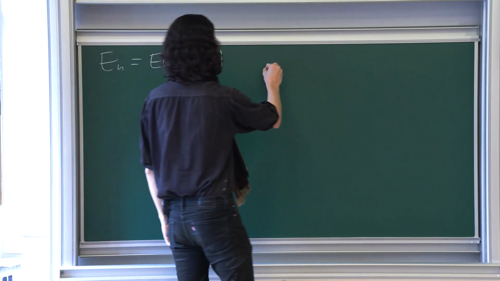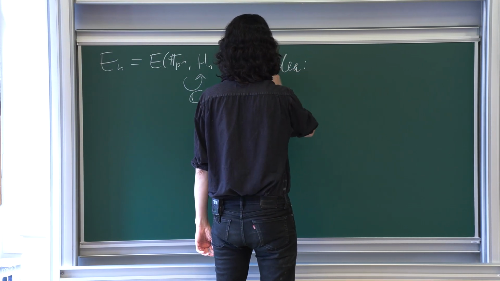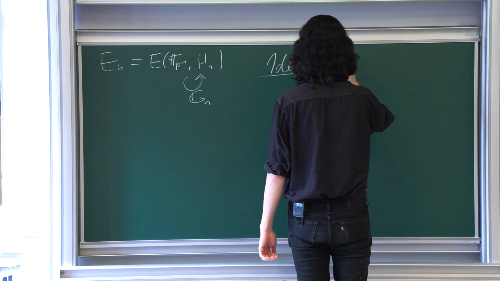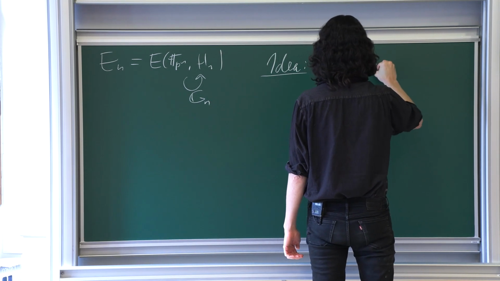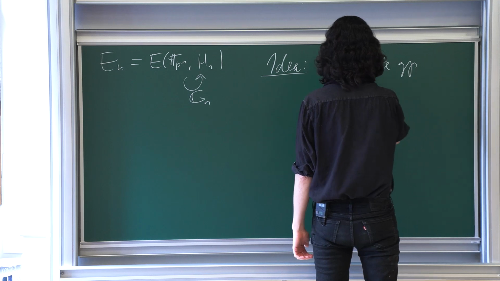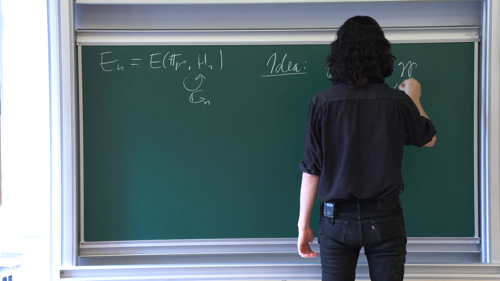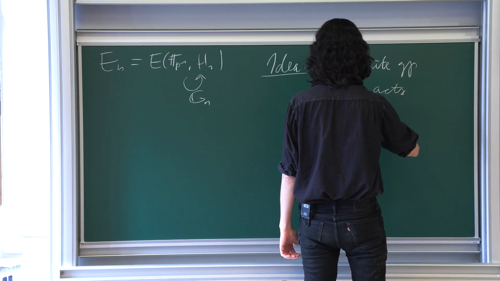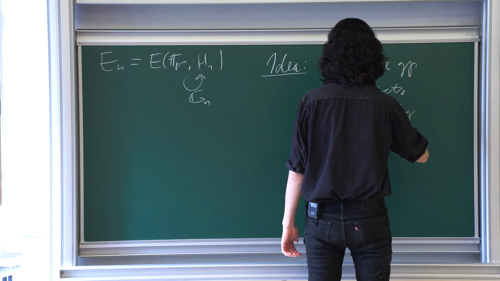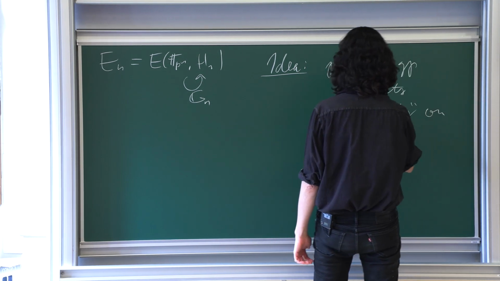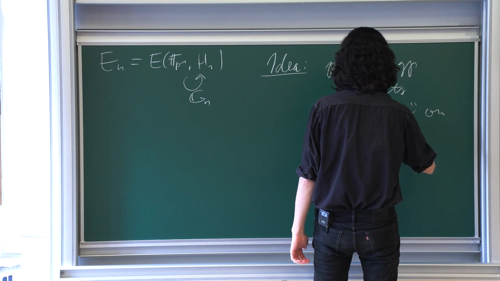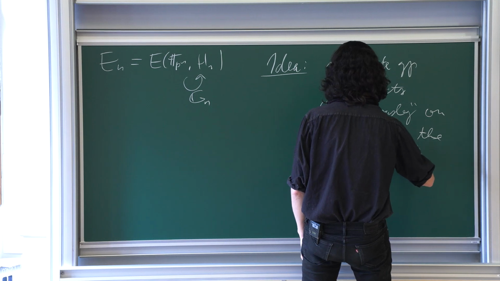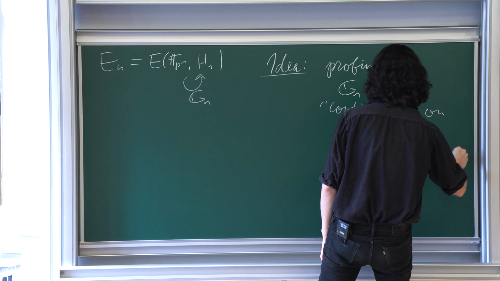And the idea is that this profinite group Gn acts continuously on En, where continuous is with respect to the p, v1, ..., vn-1 adic topology.